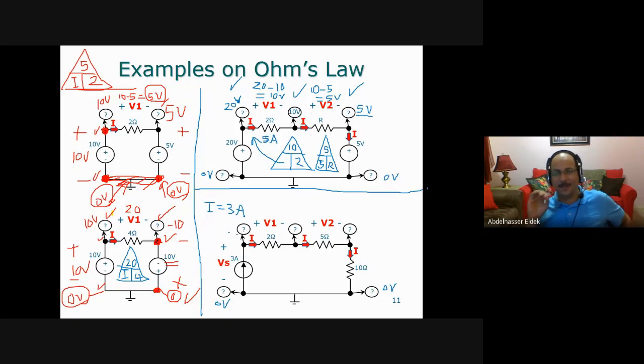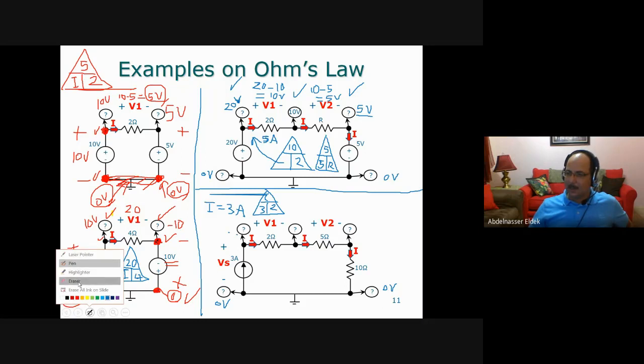So we know I. Now if I is 3 ampere, can you calculate V1? Yes. V1 equal what? Use Ohm's law again. The resistance is 2 and the current is 3. Then the voltage is 6 volt.